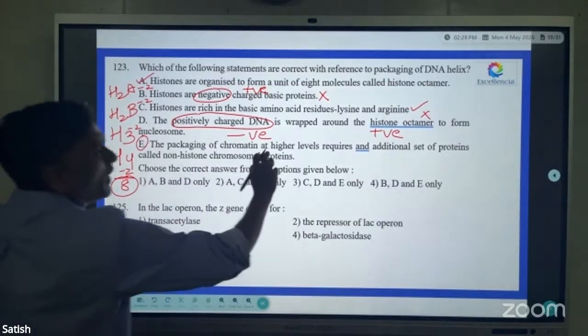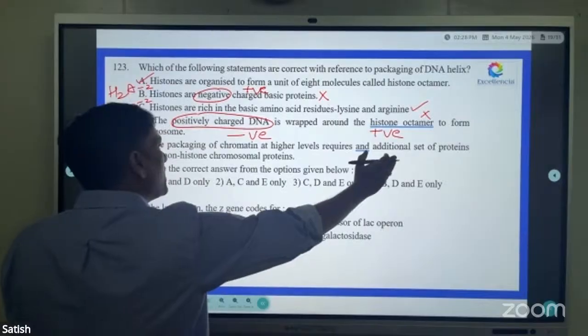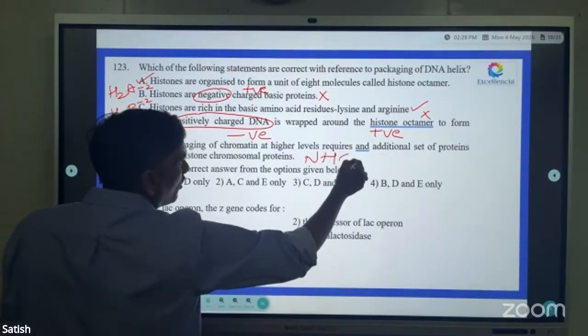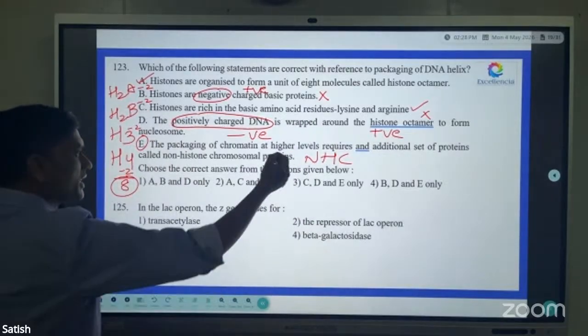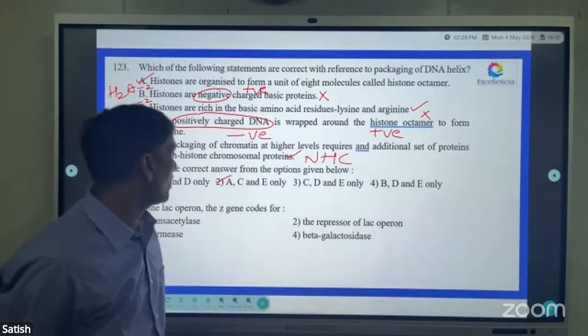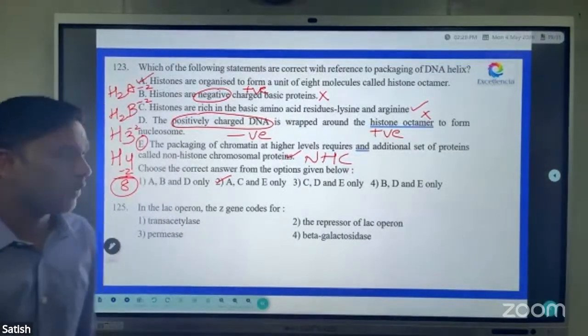The packaging of chromatin at higher level requires an additional set of proteins called NHC, non-histone chromosomal proteins. It's a correct statement. So the answer is A, C, and E only. So for question number 123, second option is the right answer.